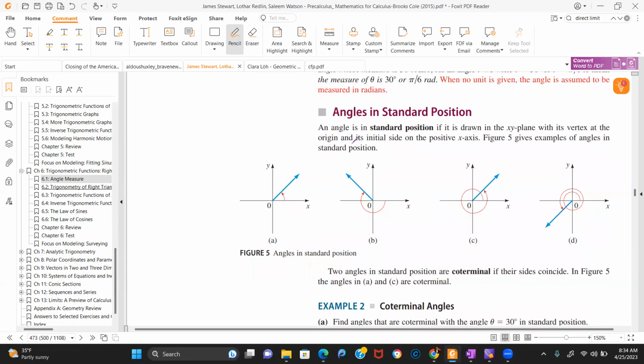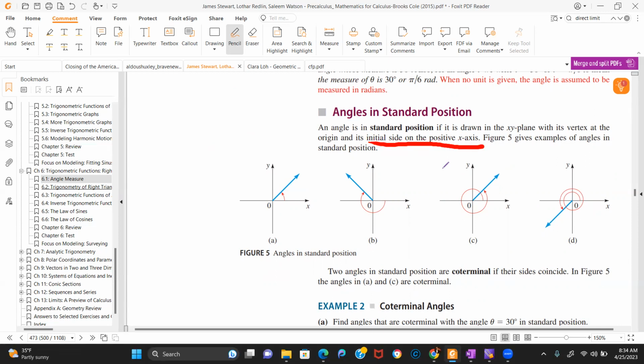Standard position. This is just more or less like if I give you an angle, just set up your coordinate system X and Y so that the X-axis is always the initial side of your angle. So you start with an angle, it's kind of free floating in space, and then you just fix it, and make the initial side the X-axis.